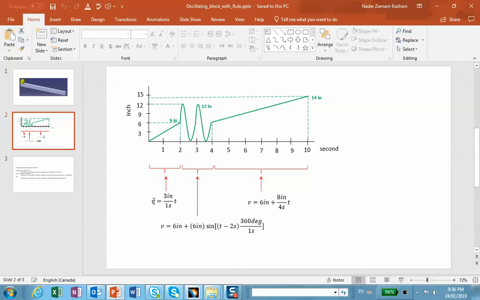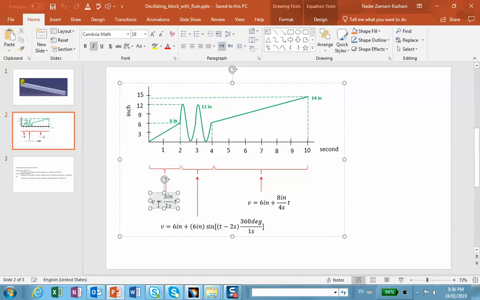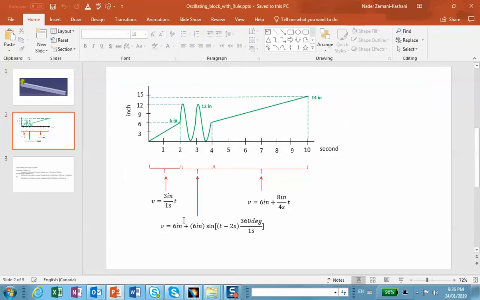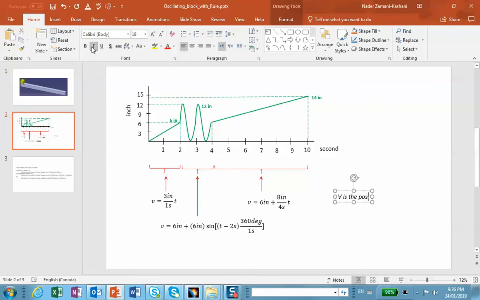This is a mistake here. This v is to be interpreted as position, not velocity. So let me fix this by adding a statement that v is the position, not the velocity. I was not thinking when I prepared this clip.